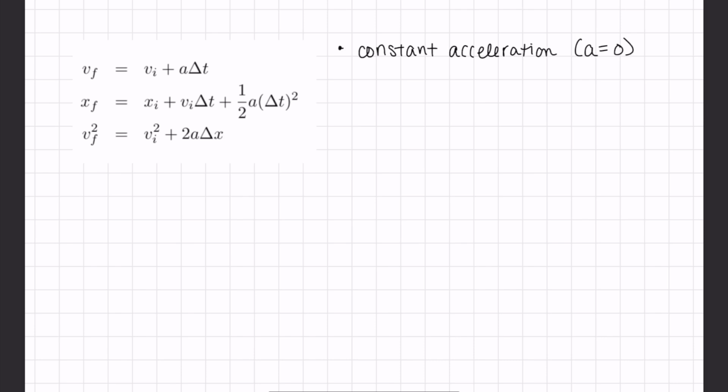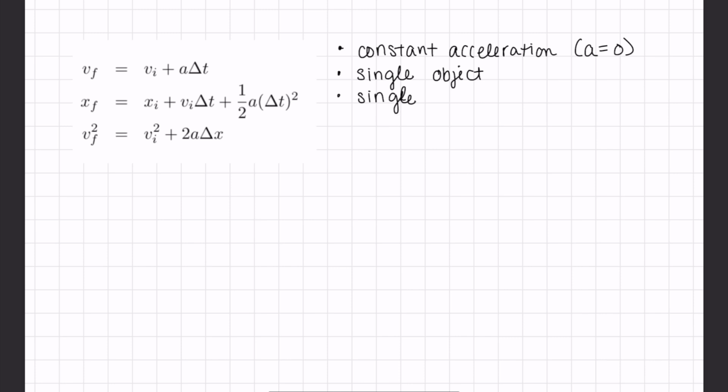Some terms will drop out, but we could still use these. This is also going to be only for a single object, so one object gets its own set of equations, and this is also going to be along a single dimension.